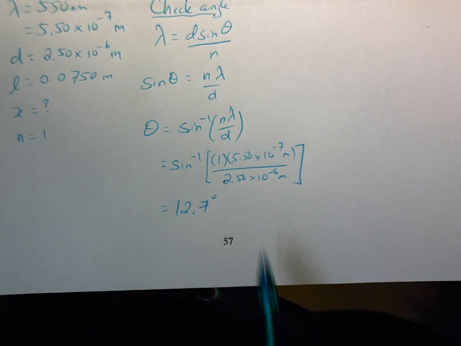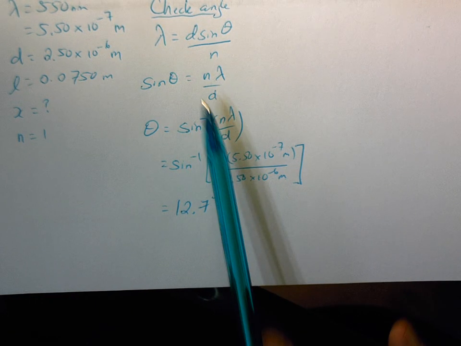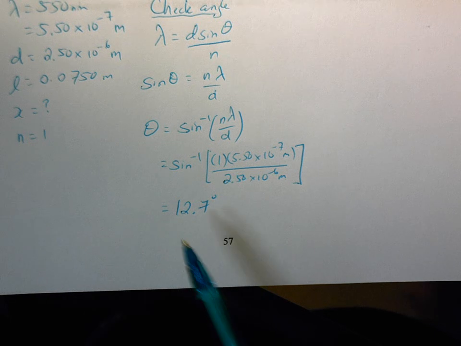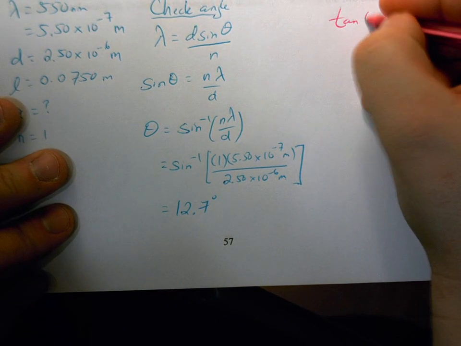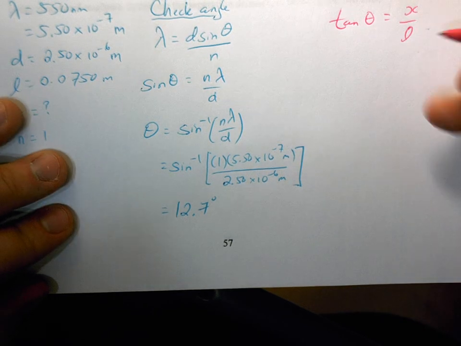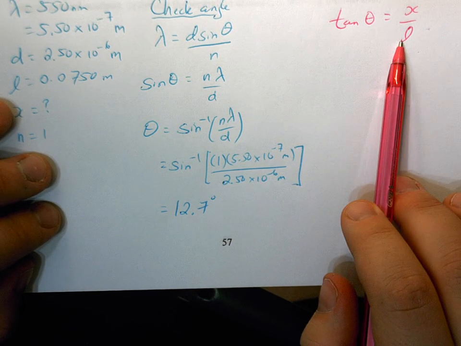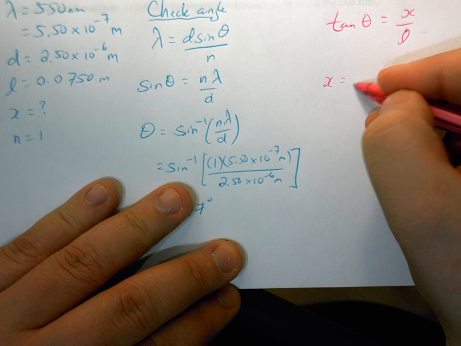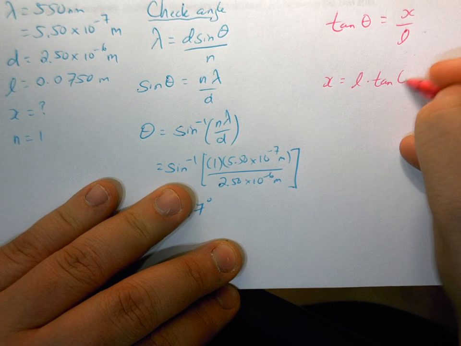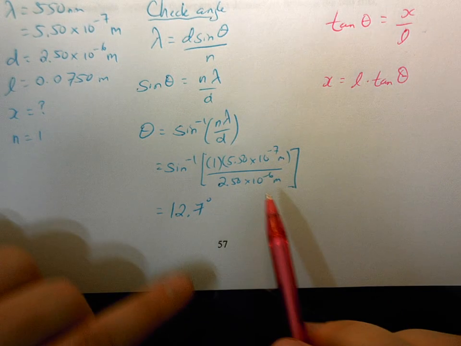So now that we know the angle is 12.7 degrees, we can use the relationship that tangent theta is equal to x over L. This doesn't assume small angle. This is always going to be true. So x in this case is going to be the distance between the screen and the slits times tangent of our angle.